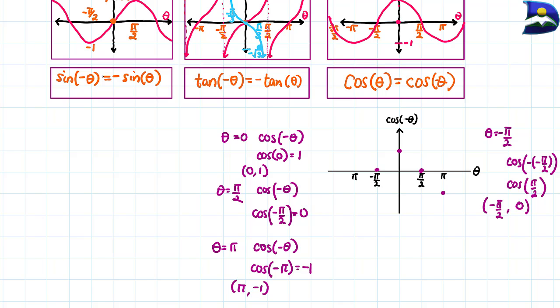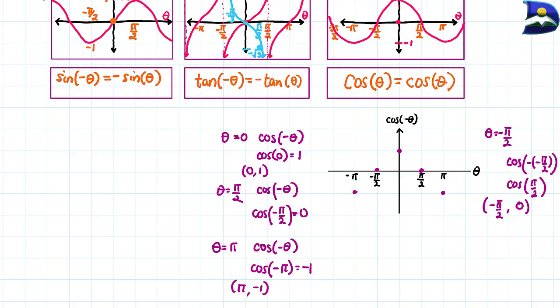You can try this for yourself. We should see that our cos of pi, because the negative signs cancel out, is translated to the point right over there.